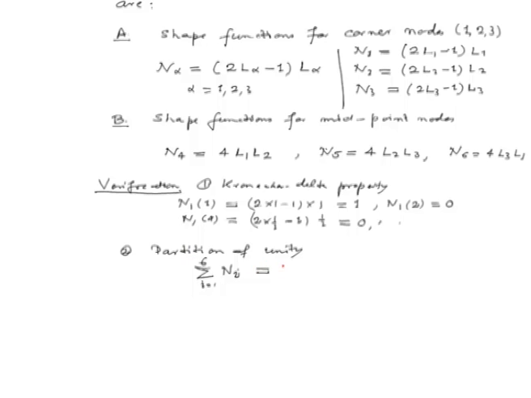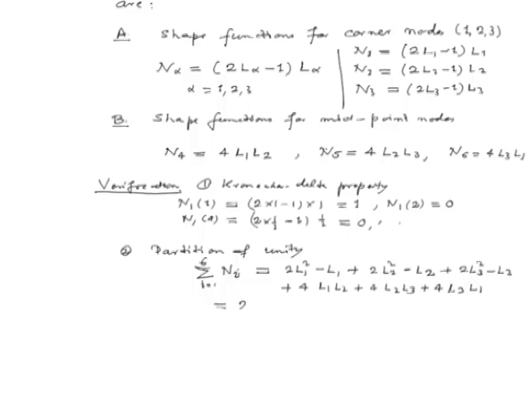So, n1 becomes 2 L1 square minus L1, n2 would become 2 L2 square minus L2, n3 is 2 L3 square minus L3, plus 4 L1 L2 plus 4 L2 L3 plus 4 L3 L1.